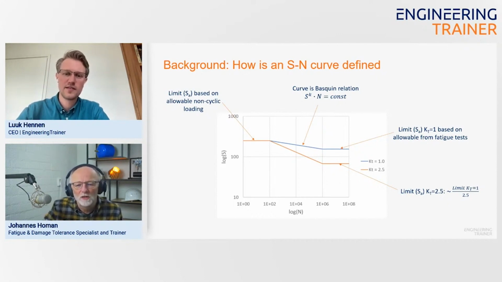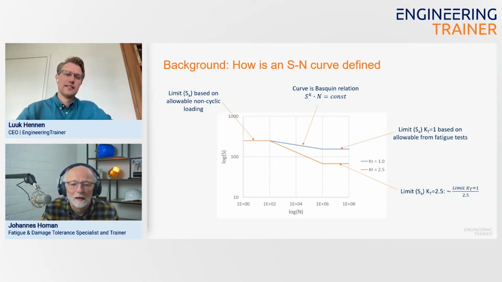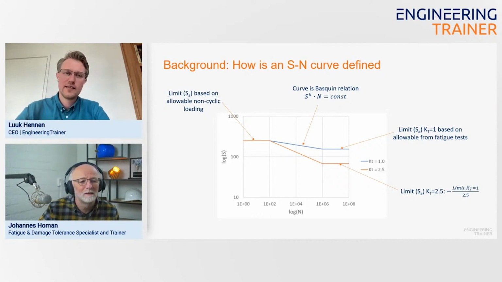So as you can see on the bottom right, the limit for KT 2.5 is approximately the limit for KT is 1 divided by 2.5. As I said, it's approximately; in reality, it's often somewhat higher, but for a first approach, it's a good approach.